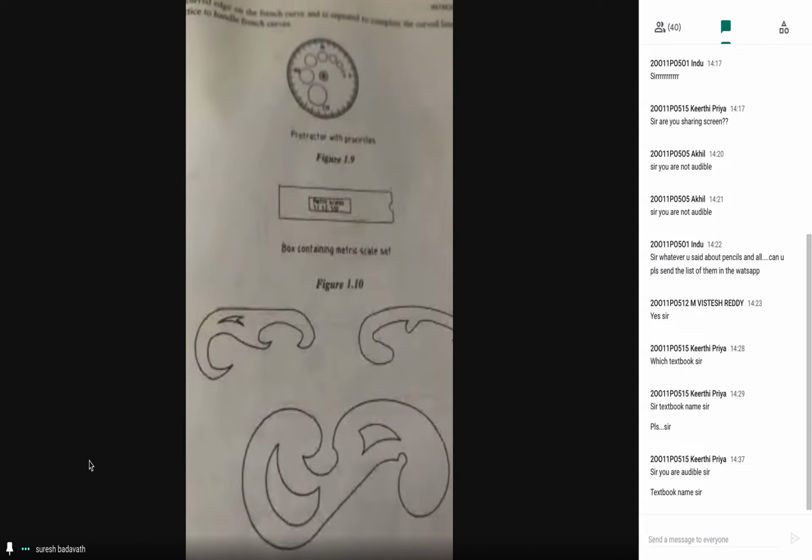These are the triangular 45-degree set square with the protractor, and the 30-60 triangular set square with the arrow. This is the type of all the drawing instruments. Okay, see, this is a protractor, used in practice, along with the metric scale.